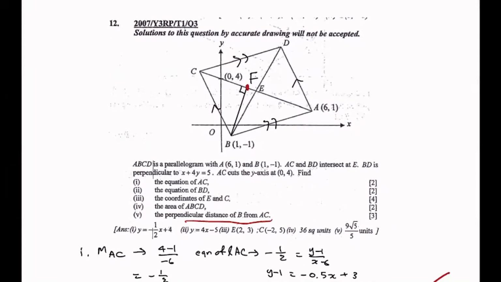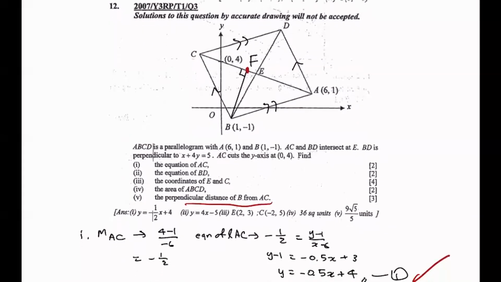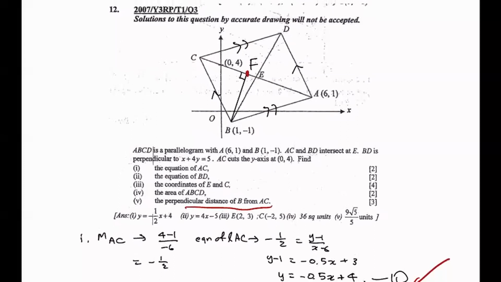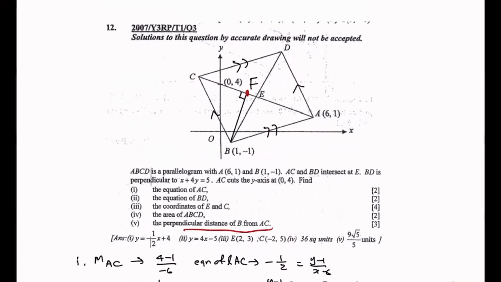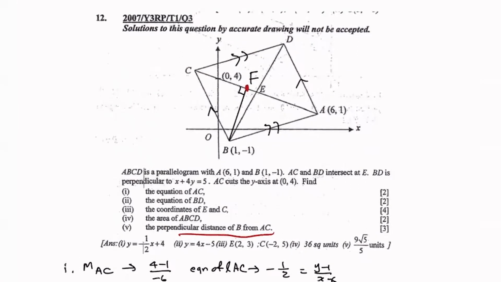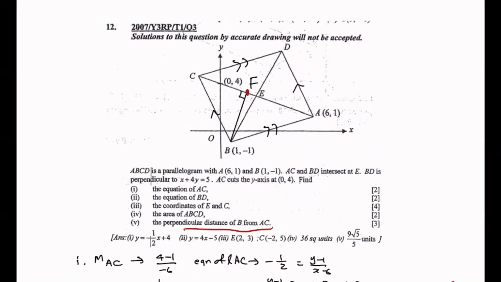Maybe your coordinates of F is wrong. Okay. Equation of BD, equation of AC. You need to take line AC, intersect with line, what is it? BF.